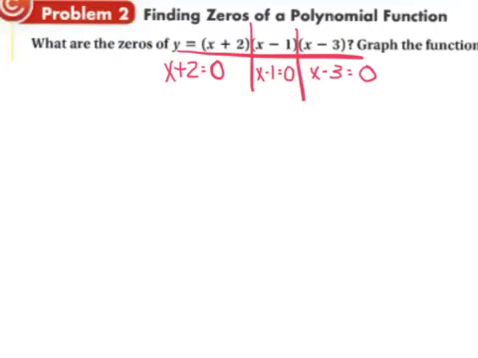So that gives us the zeros of x equals negative 2, x equals positive 1, x equals positive 3. So that's what we want to do first if we're going to try to graph here. First, find your zeros.